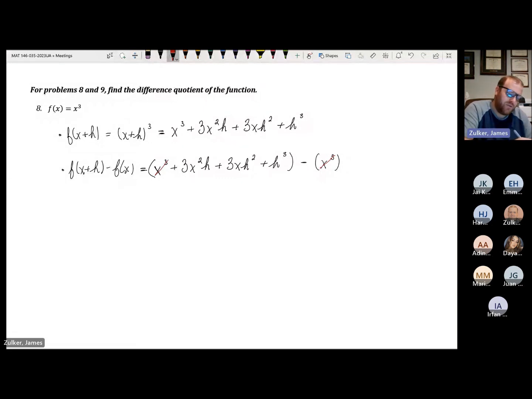X cubed minus x cubed is 0. So what are we left with? 3x squared h plus 3xh squared plus h cubed.